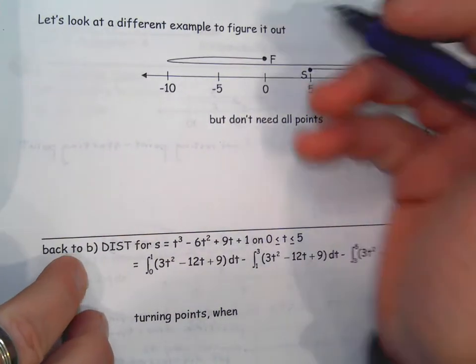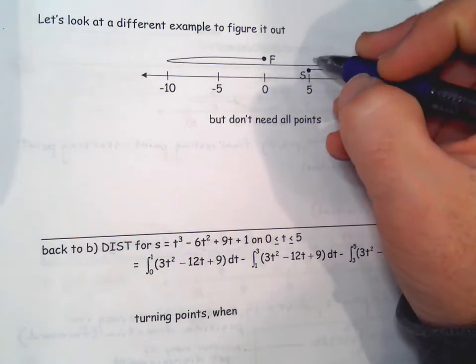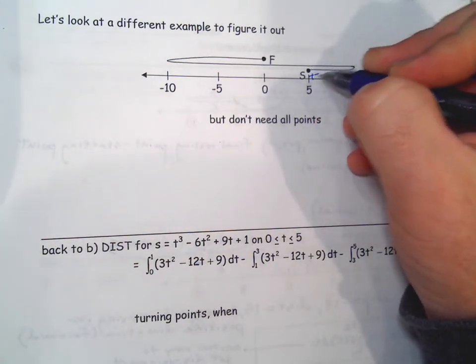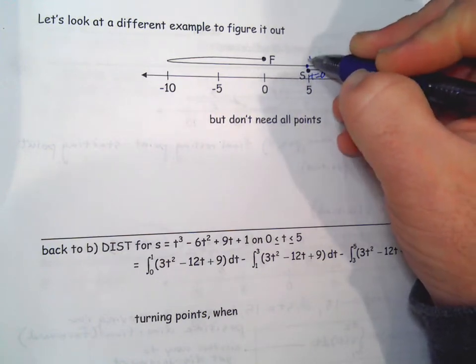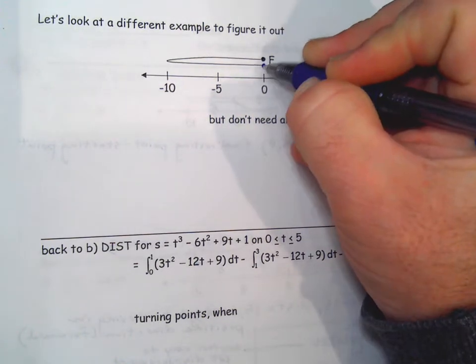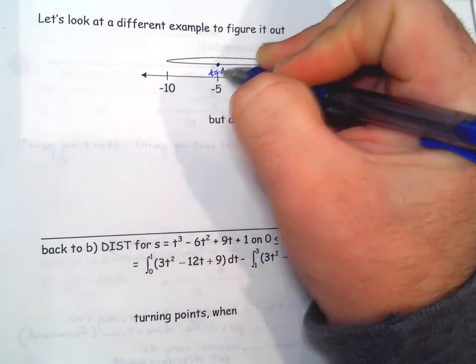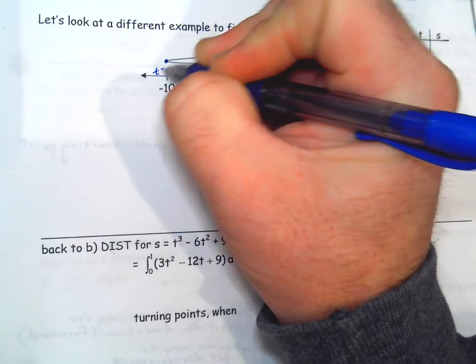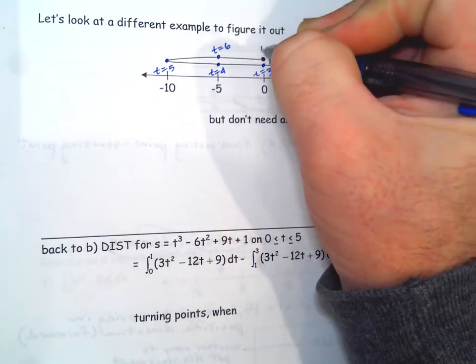Let's just look at something a little simpler. So here's a problem, kind of like the ones I've been drawing. Let's say that this is time 0, time 1, time 2, time 3, time 4, time 5, time 6, time 7.